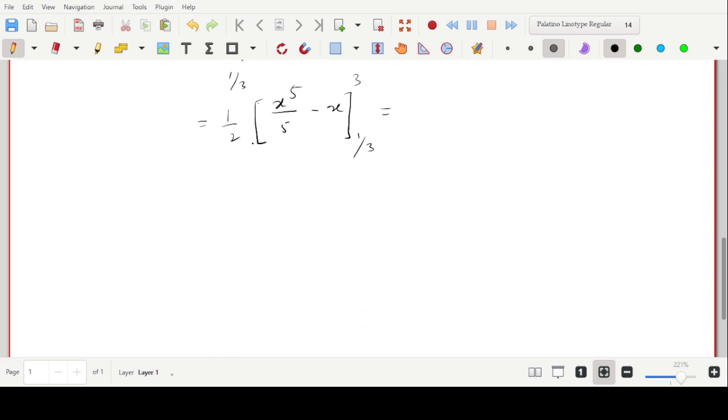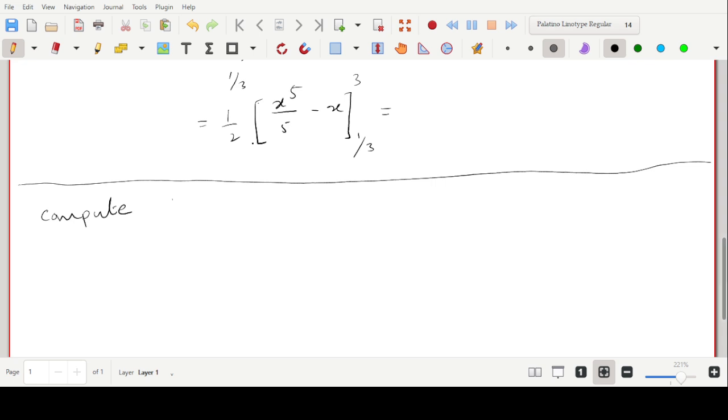Let us take one example. Compute the triple integral of y dx dy dz.